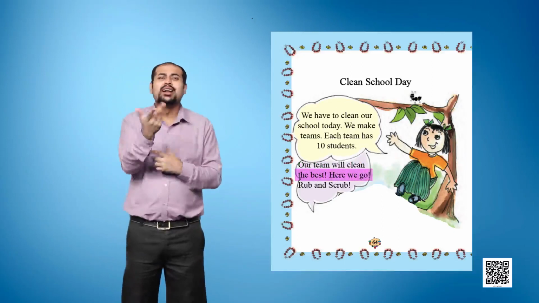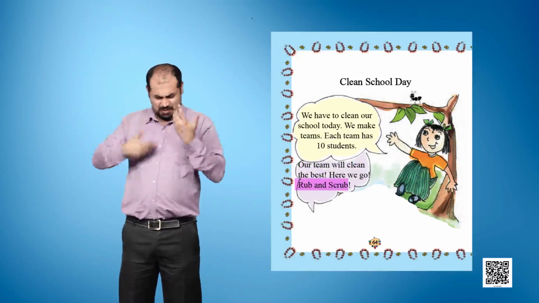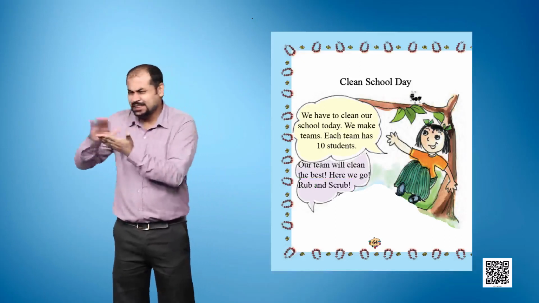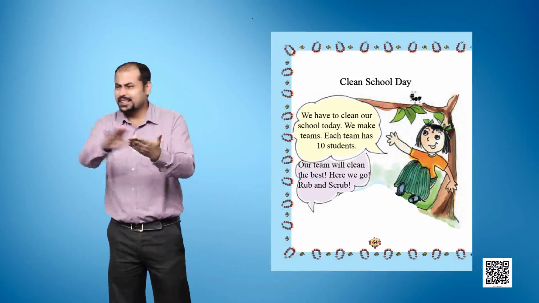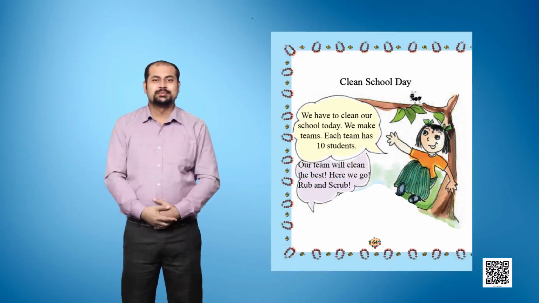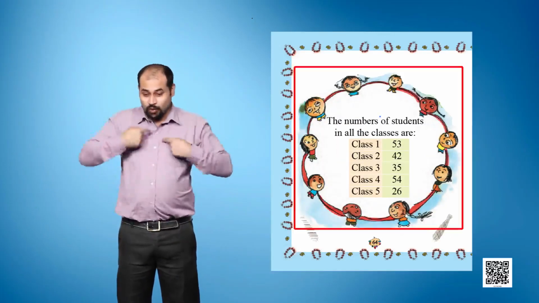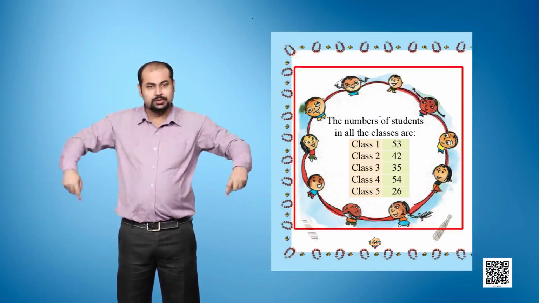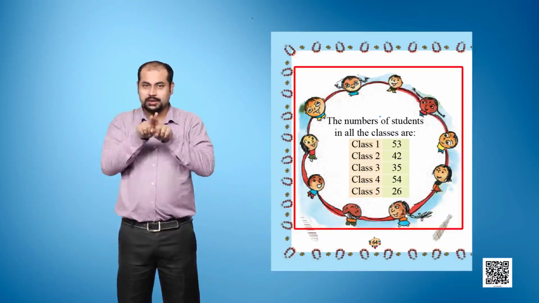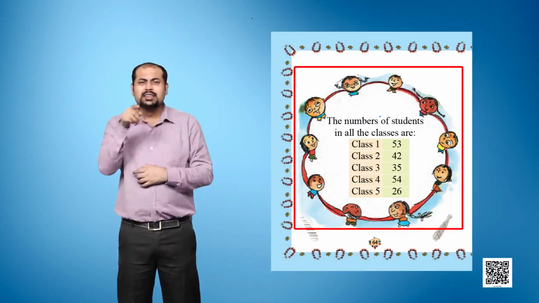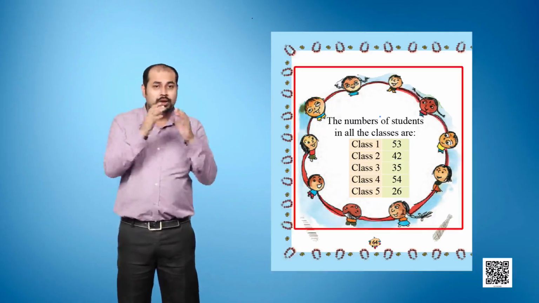Here we go. Rub and scrub. Some students are shown standing in a circle and holding each other's hands. There is a table in the center of the circle with 5 rows and 2 columns.